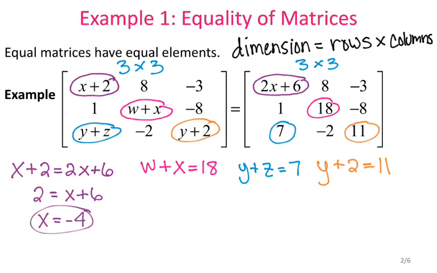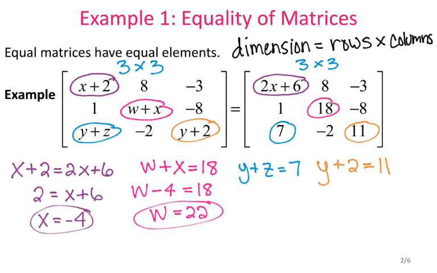For w, it says w plus x equals 18, so now that I know that x is -4, I can go ahead and replace that in my equation. Some of these equations are going to use answers from other equations. So you kind of have to pay attention to what your equation is saying. My next one, I have y plus z equals 7.